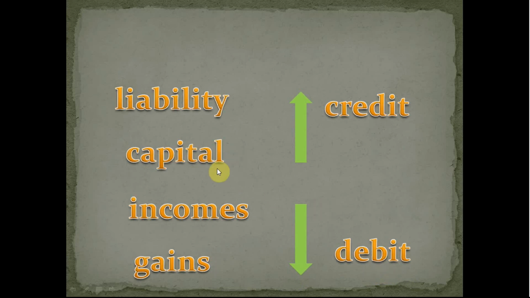Similarly, capital, liability, incomes, and gains: the increase of any of these items would be credited because they are on the credit side, whereas a decrease of any of these items would be reversed. That means it would leave its place of credit and would go to the debit side to get its reversal. So this was a basic concept about the American rule of accounting, primarily known as the modern rule of accounting.